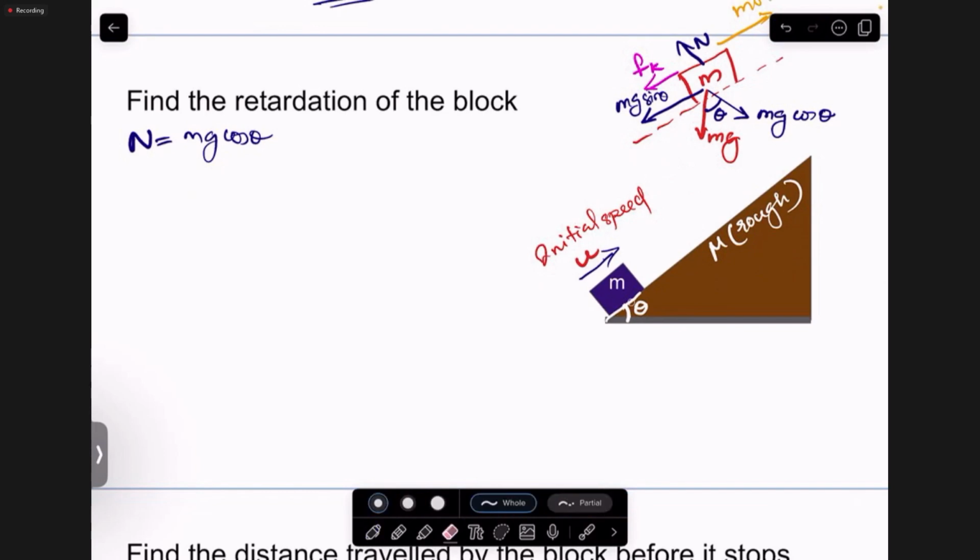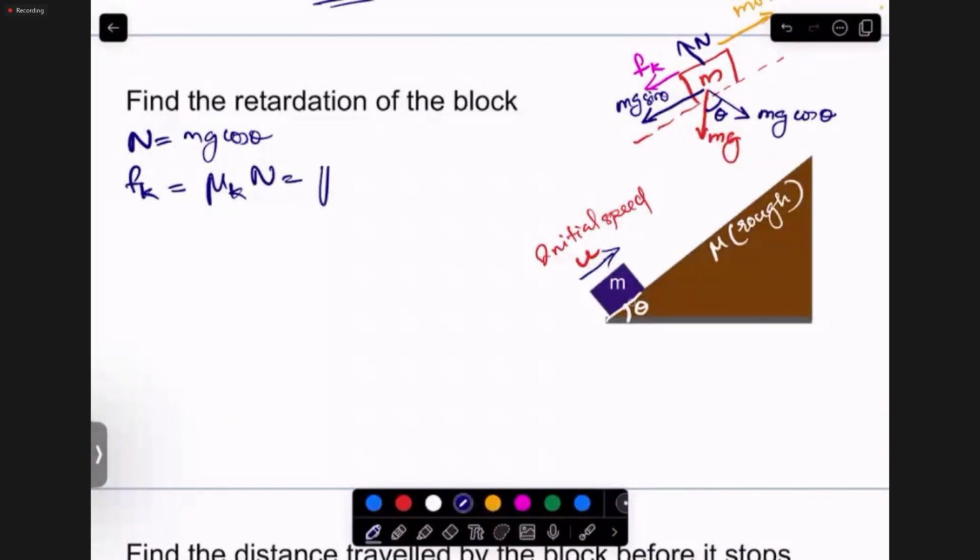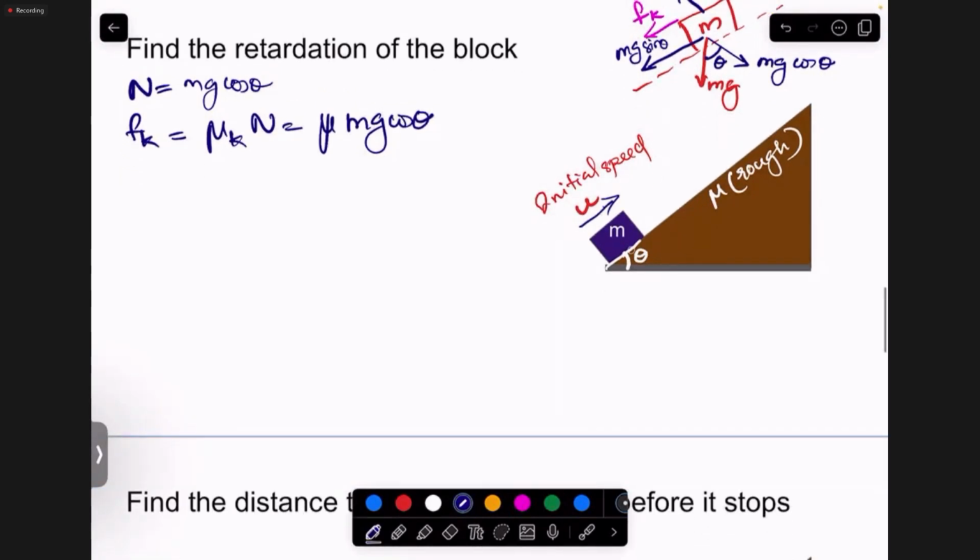Fk equal to mu k N, that is mu k. Mu k is not there. Mu k is mu here, just given as mu, right? So mu mg cos theta. So this net force is what now?